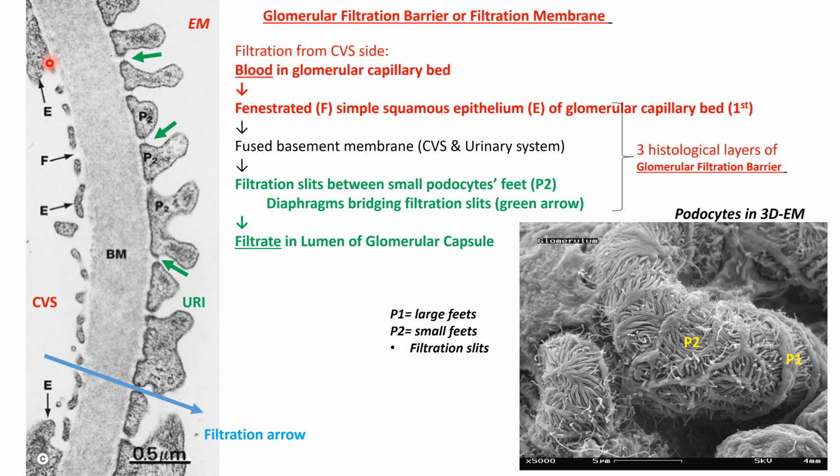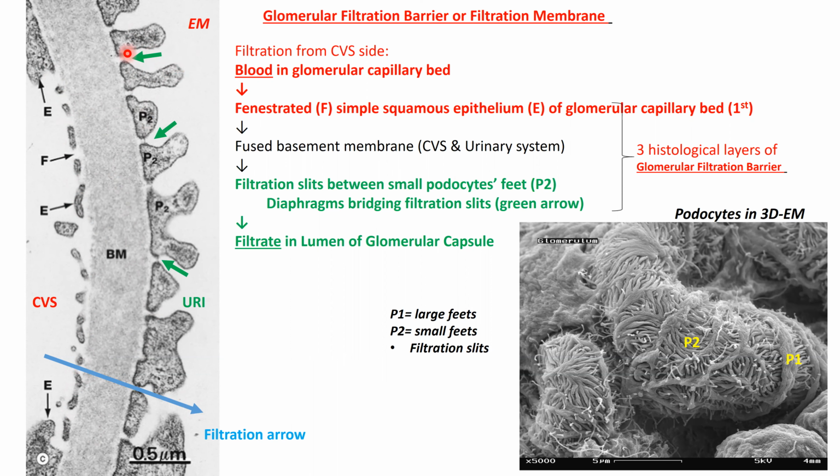So on the blood side or cardiovascular side, this is the fenestrated simple squamous epithelium. Then comes a fused basement membrane. And then on the urinary system side, these are the filtration slits between the feet of the podocytes labeled with P2.